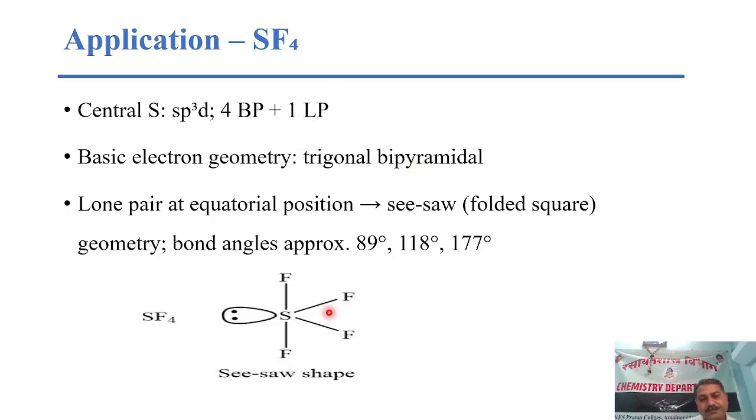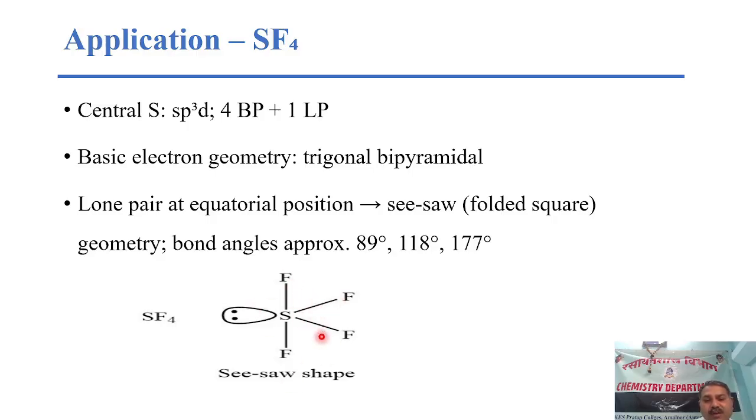This lone pair occupies the equatorial position, because at the equatorial position the distance between the 3 electron pairs is 120 degrees. So that's why this lone pair occupies the equatorial position of the trigonal plane, and the remaining 4 positions are occupied by fluorine atoms. So out of these 5 electron pairs, 3 pairs are at the equatorial and 2 at the axial position.